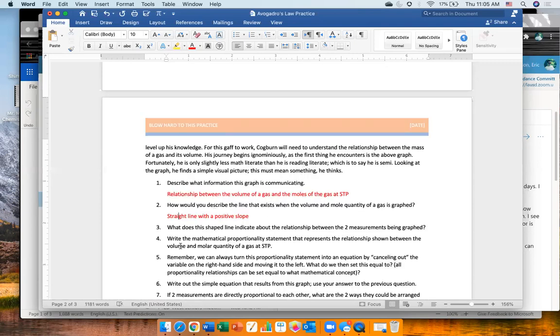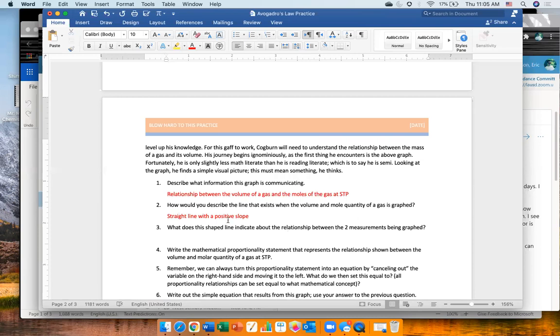Why do we care about this? We care about this because of number 3. What does the shape of the line indicate about the relationship between the two measurements being graphed? A straight line with a positive slope indicates that the two measurements, go back to the red, are directly proportional to one another.